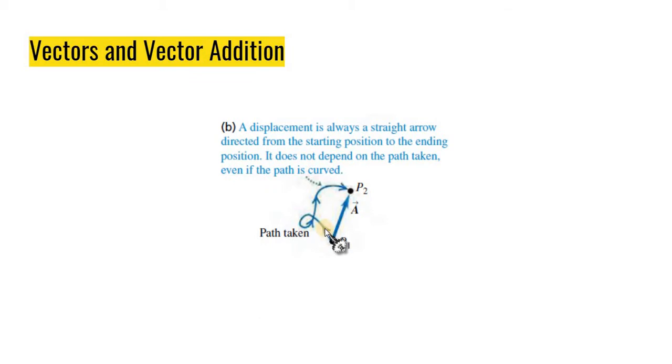It goes here, then turns around and up to point P2. So this is the path taken, a curvy one. But the displacement is just a straight line from P1 to P2. It doesn't matter how the point got there; in displacement, only the length matters, from the origin to the end position.